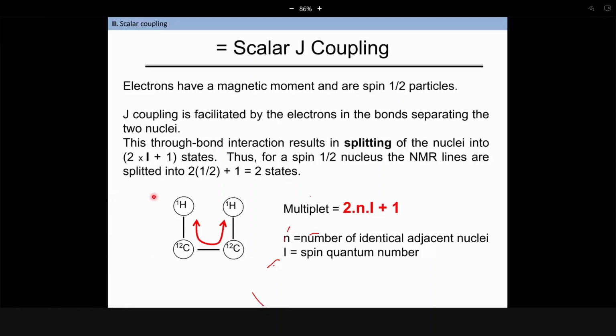And this coupling effect will depend on the number of protons on the neighbor and the value of the I number. Do you remember? But here, let's say that I equals 1/2 because the spin number of proton and carbon 13 is 1/2.